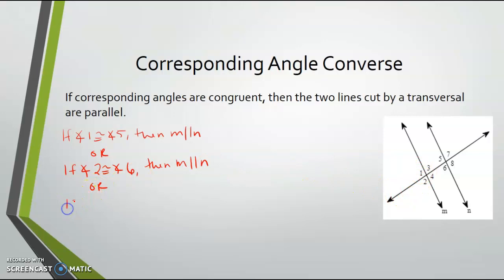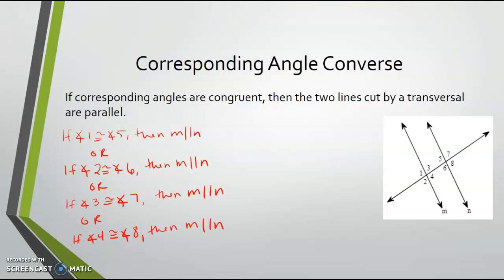If angle 3 is congruent to angle, so here's 3, corresponding would be 7, to angle 7, then M would be parallel to N. Or if angle 4 is congruent to angle, so here's 4, corresponding would be 8, then M is parallel to N. So basically, if I have a pair of corresponding angles that are congruent, then my lines are parallel.